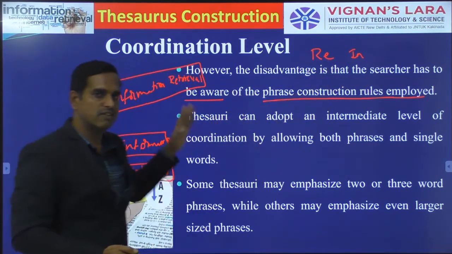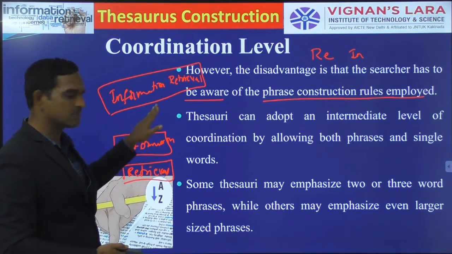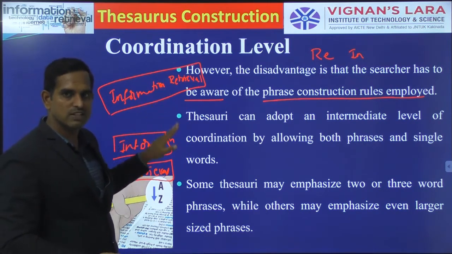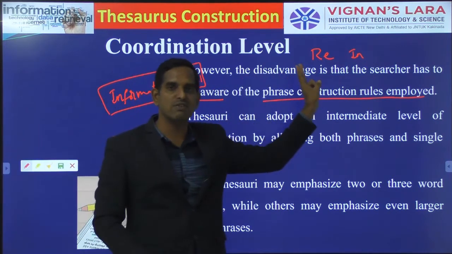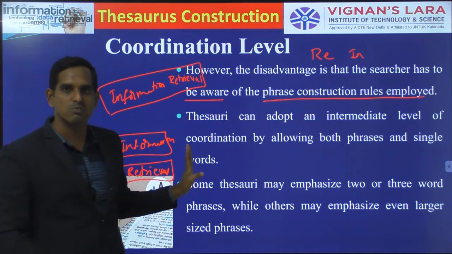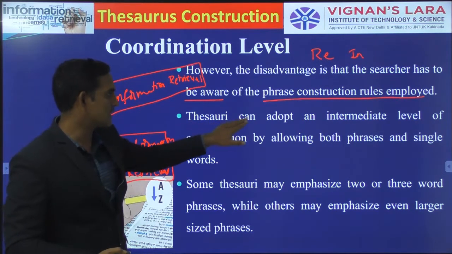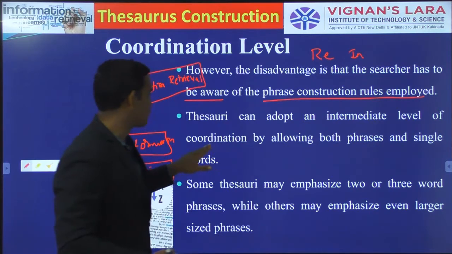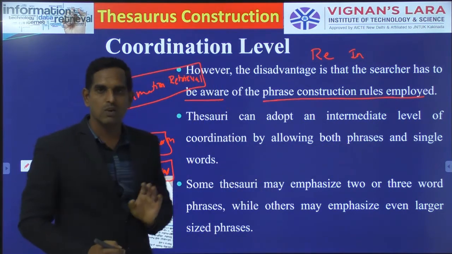Why? Because the terms are already fixed here. The terms which can be present in the system, that is, the terms which are fixed for your thesaurus, are fixed here. If I search with different terms, it will not be possible for your system to retrieve the results. So the thesaurus can adopt an intermediate level of coordination by allowing both phrases and single words.